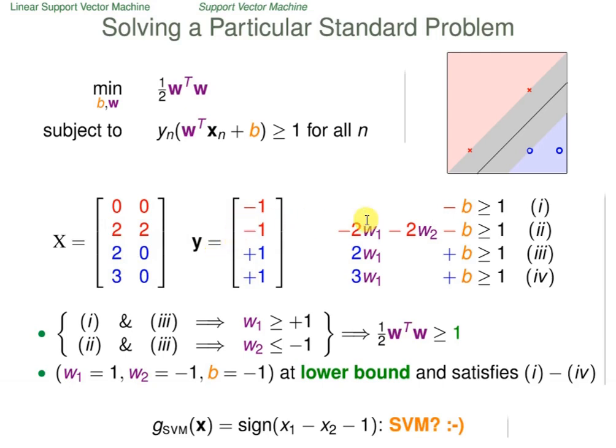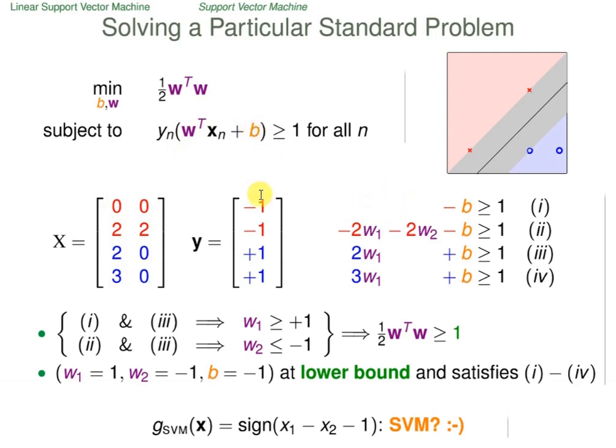Now we have the following separability constraints. If we use these separability constraints here, we will have 4 conditions. The first point, because x1 and x2 are 0, the first part will be 0.